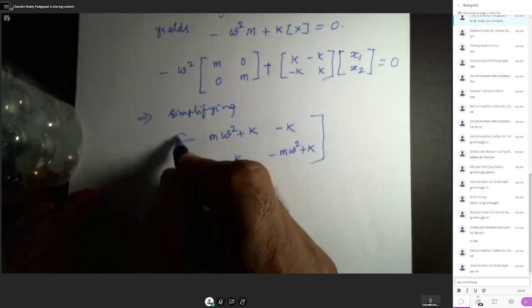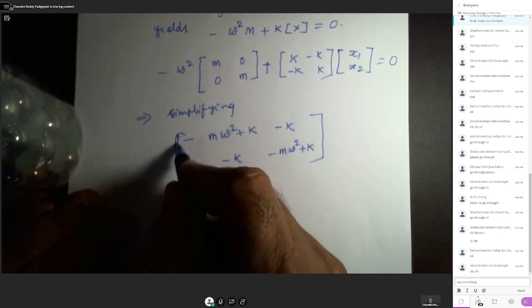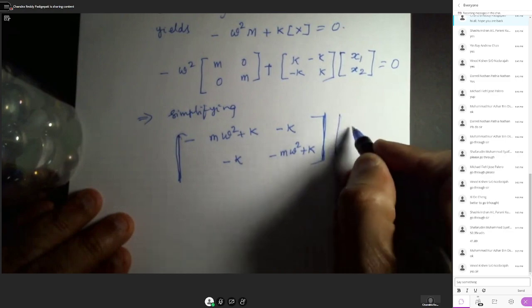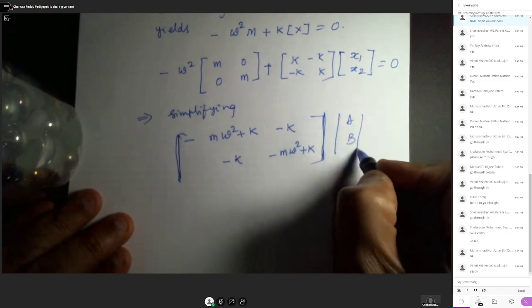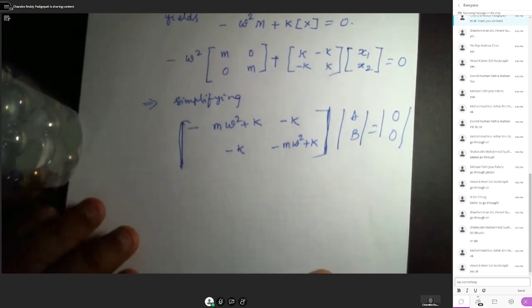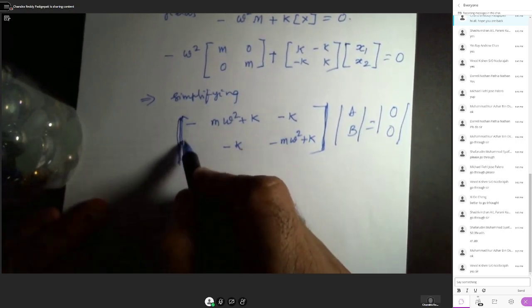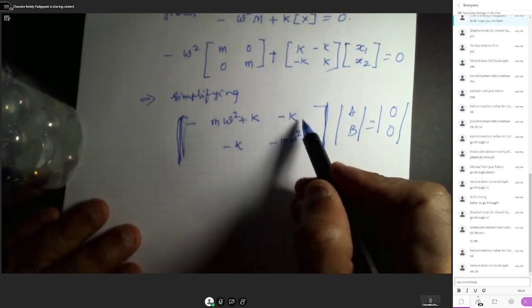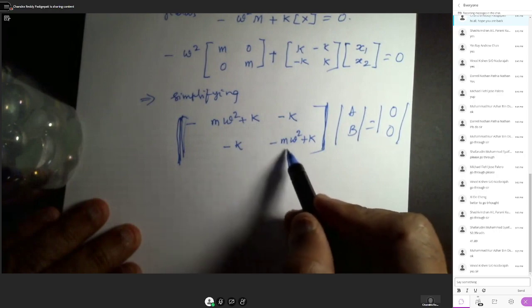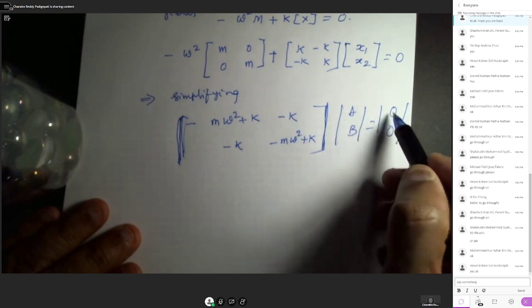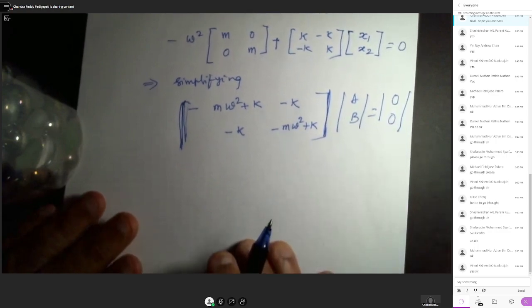This is not a matrix but the determinant. Then A, B is equal to 0, 0. Once you simplify the determinant, negative m omega square plus k, minus k, then minus k, negative m omega square plus k, times A, B should be 0, 0.